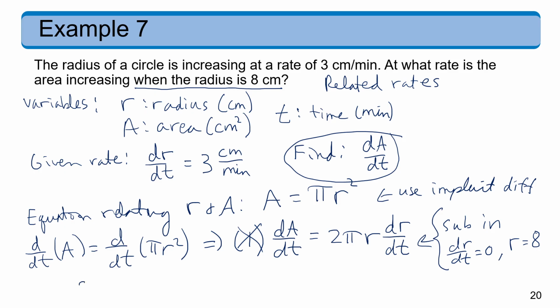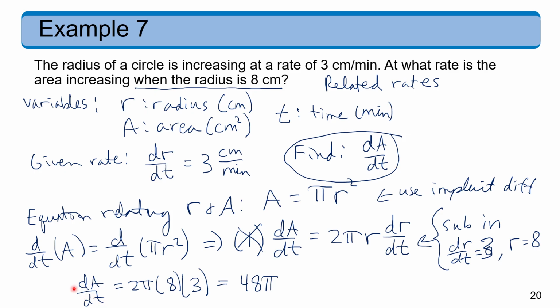So now on the left we have dA/dt. On the right we have 2 pi times 8. And then plug in for dr/dt. That's supposed to be a 3, not a 0. And simplifying, we get 48 pi. And make sure you put units on it.